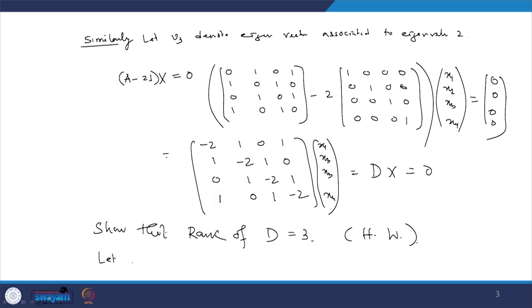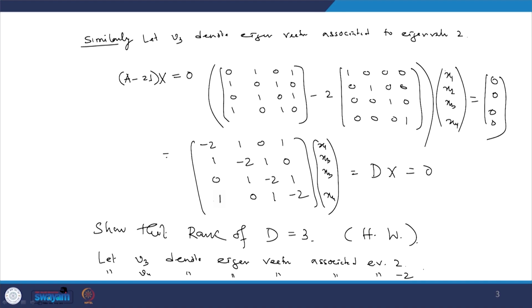Let V3 denote the eigenvector associated to eigenvalue 2, already written. And similarly, one can calculate V4, the eigenvector associated to eigenvalue minus 2.